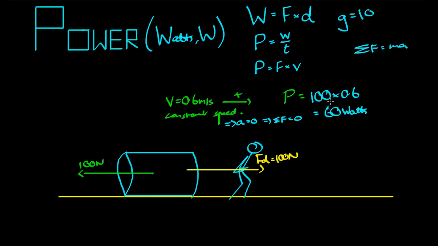Let's analyze for a second why this formula actually works. So let's look at an instant in time, t equals 0, and then we'll look at another instant in time, t equals 1, when the barrel is now over here.